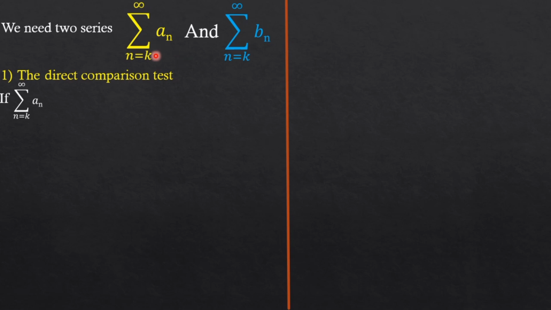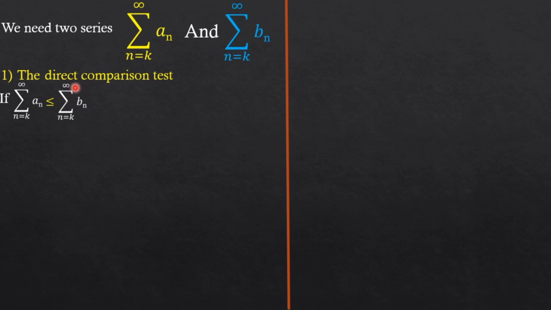If we know another series, b_n, and if a_n is less than or equal to b_n, even if in the exam you put just less than, you are still correct. The equality sign does not really matter, but I'll just put it. It doesn't hurt.